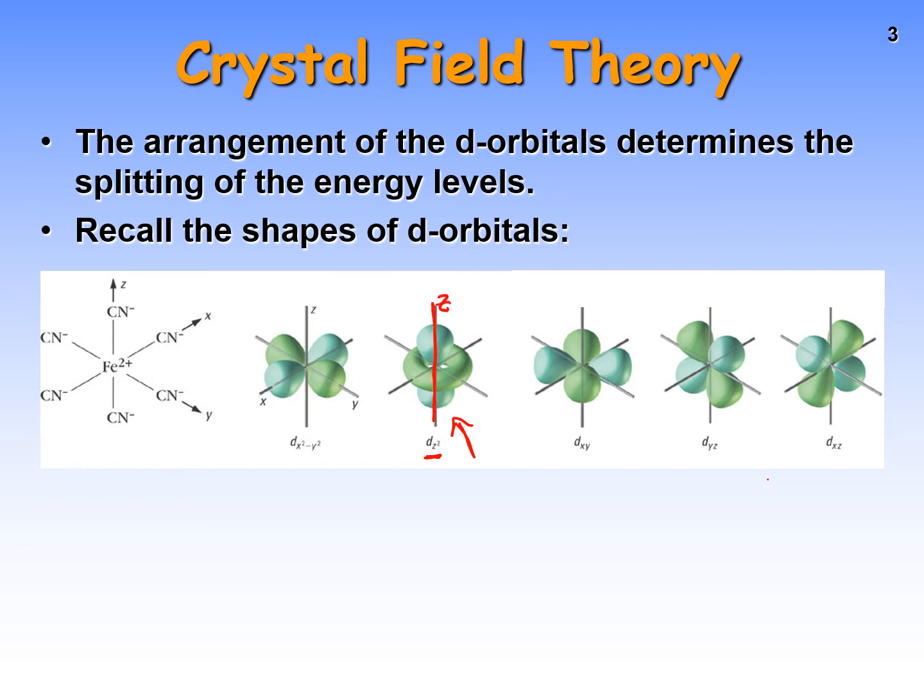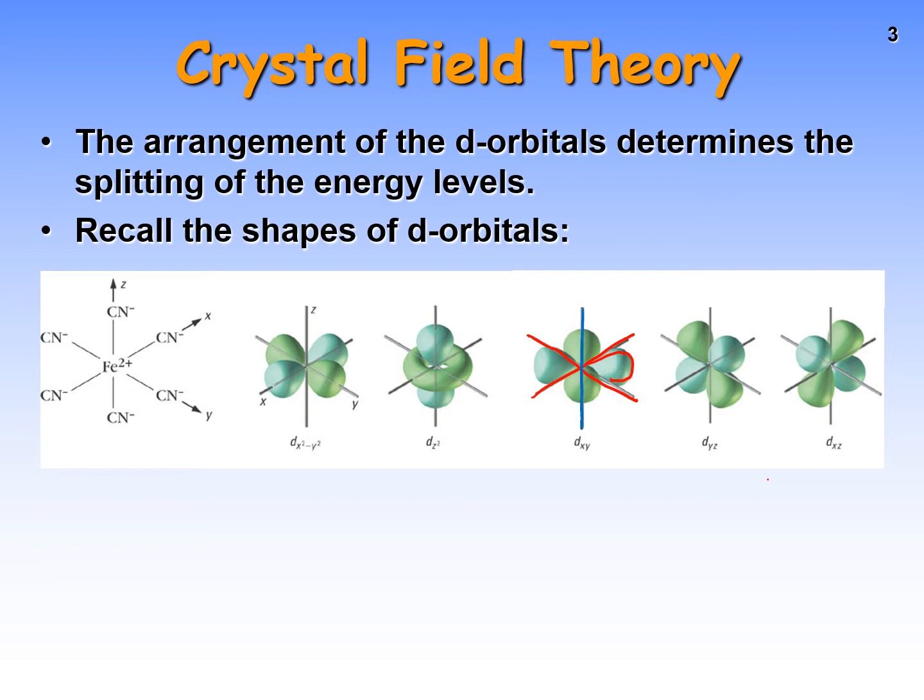Here's our z-axis in 3-dimensional space. I don't really need you to know these names per se, but it's important to look at the shapes and see how they're different, right? In this one, our lobes are in between our axes. So here's the x and y axis, and here's the z axis.